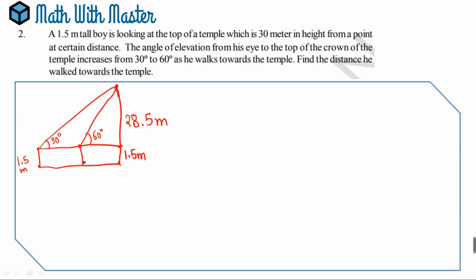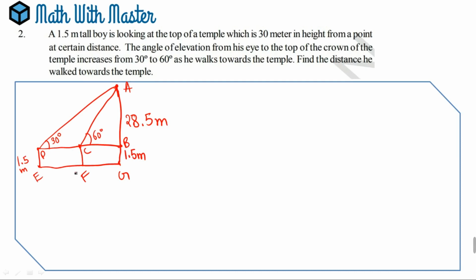So we will firstly name the points. This is A, this is B, this is C, this is D, this is E, this is F, this is G. So now what we have to do is we should find CD.